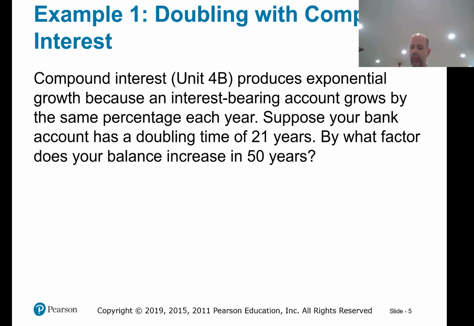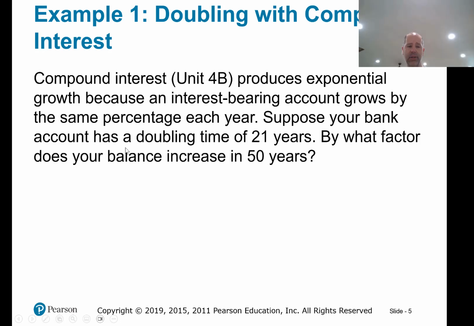So now here we're going to talk about compound interest. This goes back to our section on Unit 4. Compound interest is exponential growth because an interest-bearing account grows by the same percentage each year. We talked about that before. Suppose that your bank account has a doubling time of 21 years.